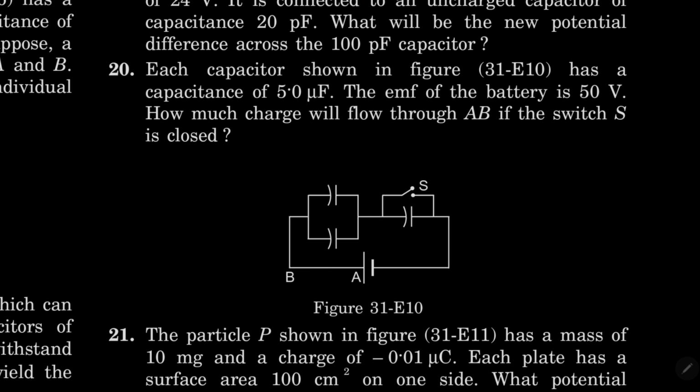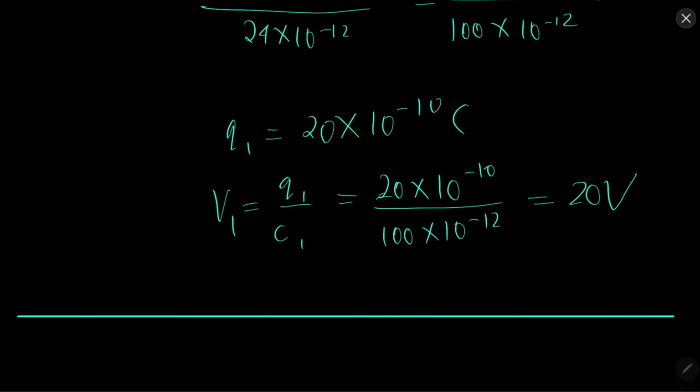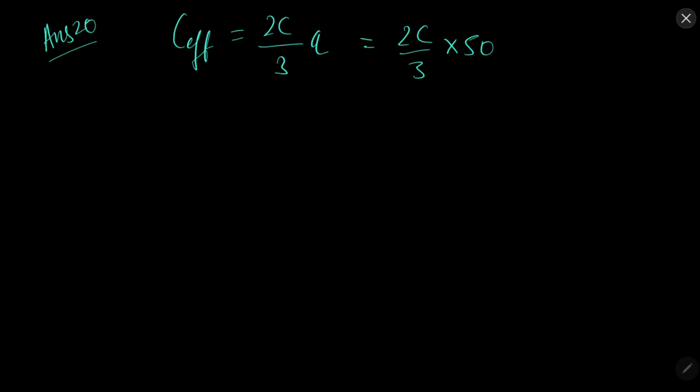In question 20, we need to find the charge that will flow through AB. Solution 20. So effective capacitance will be 2C by 3, into Q, 2C by 3 into 50, effective charge 1.66 into 10 to the power minus 4 coulomb.